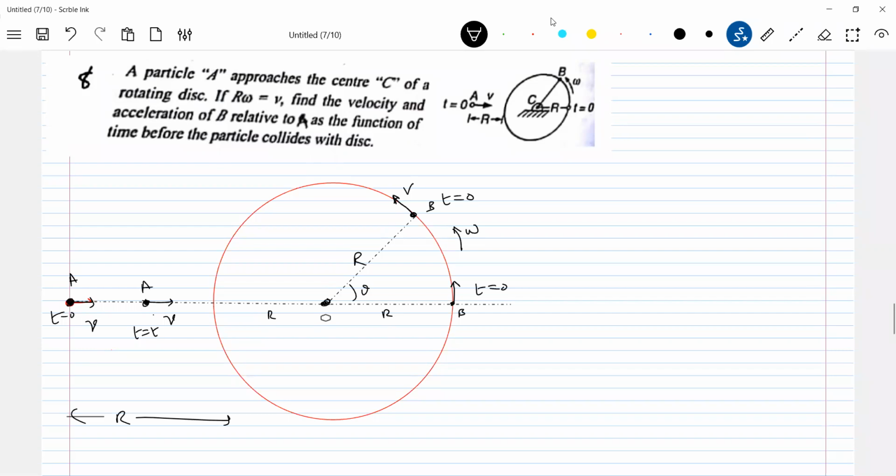Now, can you define the velocity vector of B? That's very simple. He's asking just the velocity of B with respect to A and the acceleration of B with respect to A. So first we have to get the velocity of B with respect to A. It's a simplified approach.